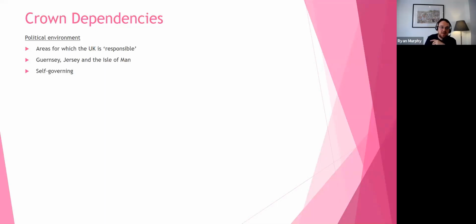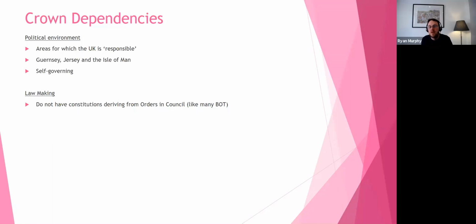They are self-governing. One of the distinguishing features between these Crown dependencies and the British Overseas Territories that we just spoke about is that most of these do not have constitutions that derive from an instrument originating in the UK. So it doesn't come from an Order in Council.